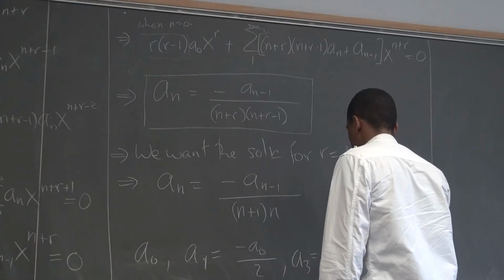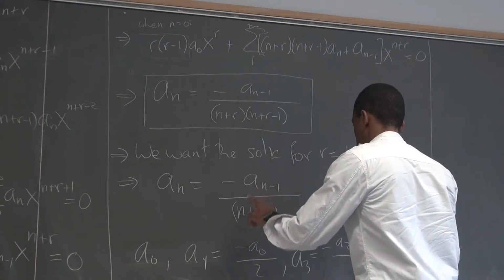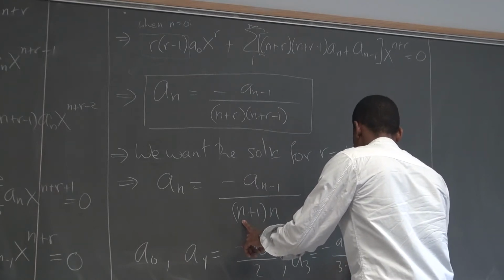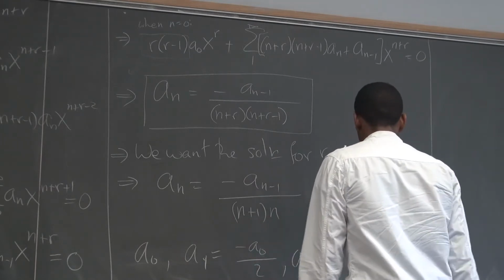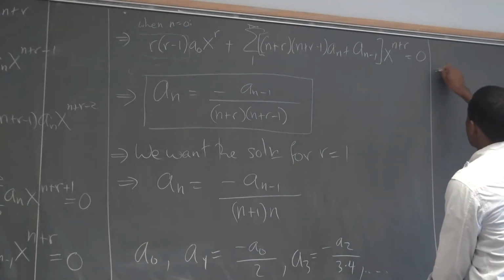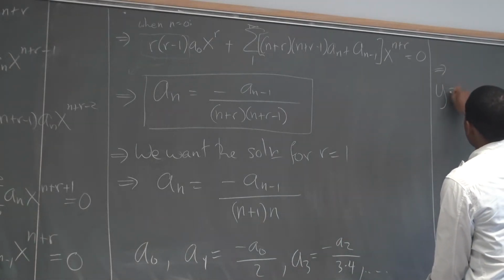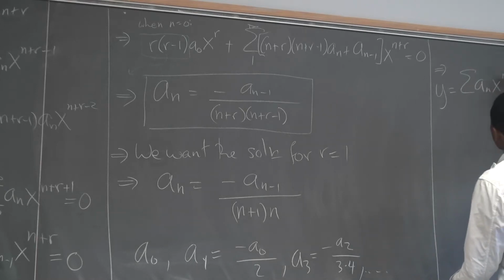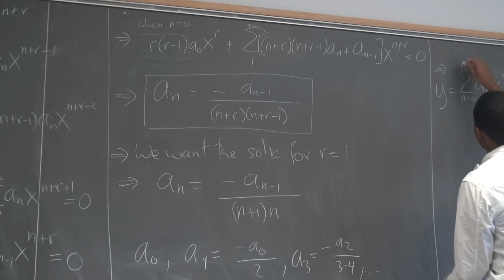Minus A2 over 3 times 4. And so on. So this gives us y equal to the series of a n x to the n plus r, n from 0 to infinity.